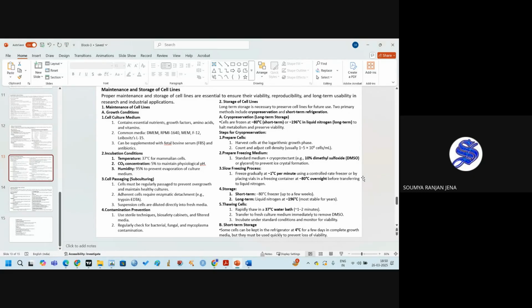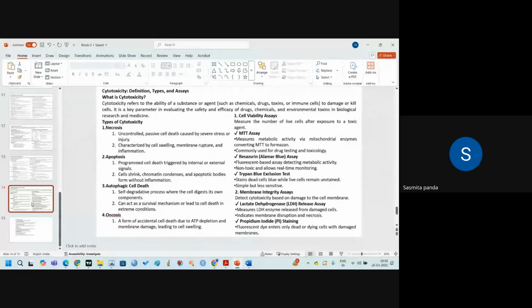So DMSO, dimethyl sulfoxide, is a chemical which protects the outside of the cell so that cells do not form ice crystals during the freezing process. Yes, sir. Then we go for the cyto.